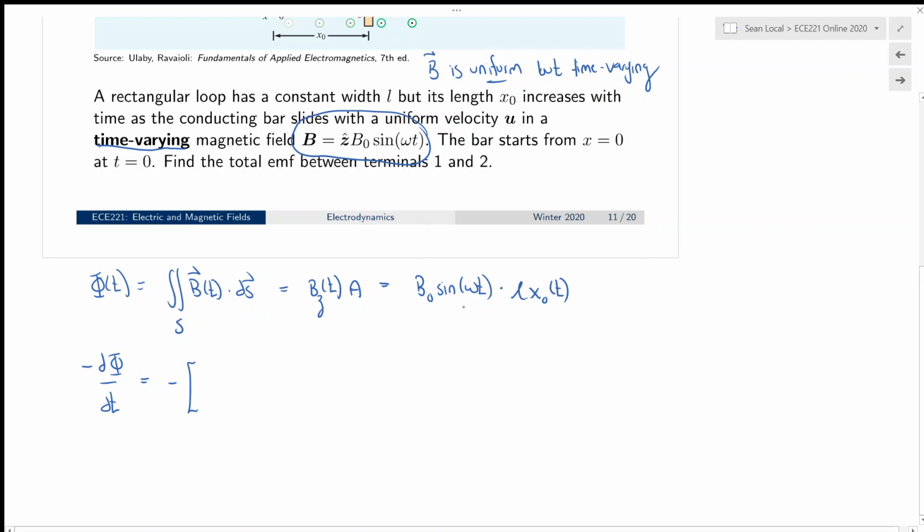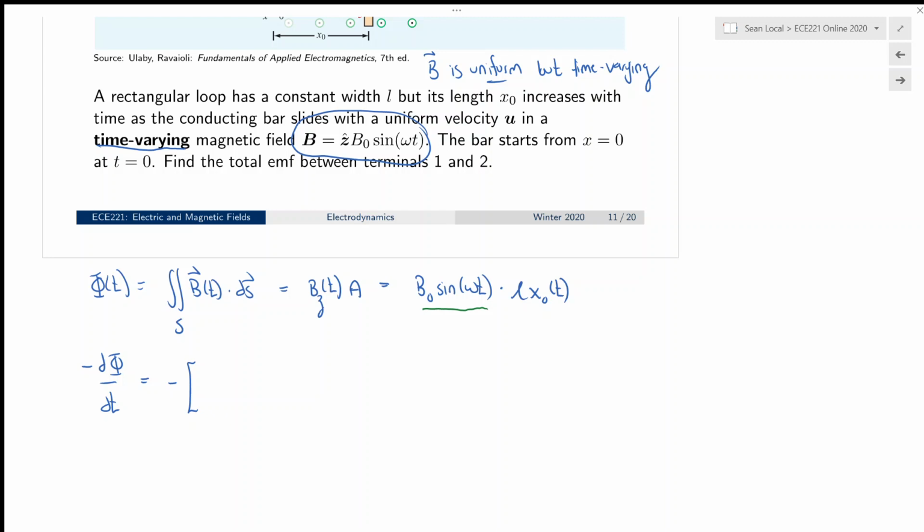We're taking the product of B naught sine omega t with L times x naught of t. So it's a product of two functions that are themselves functions of time. So we need to apply the product rule for differentiation. What do we do in the product rule? We take the derivative of the first function and multiply by the second, and then we take the derivative of the second function and multiply by the first.